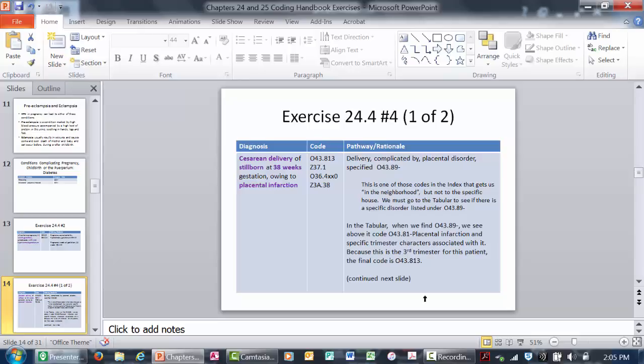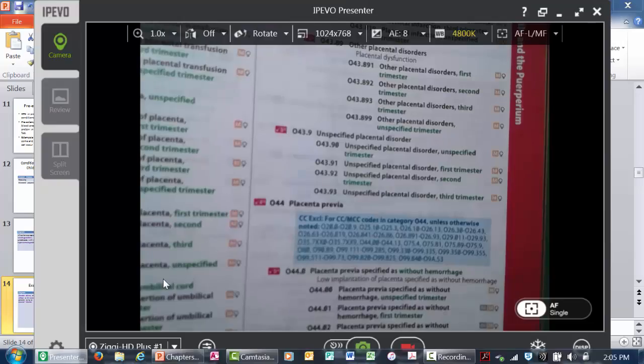But a couple of times in this course, I've told you about those times when the index gets you in the neighborhood, but not to the specific house where you want to be. So you have to go to the tabular, and when you find this O43.89, if you look above that, you find O43.81 with the infarction. So let's take a look at that.